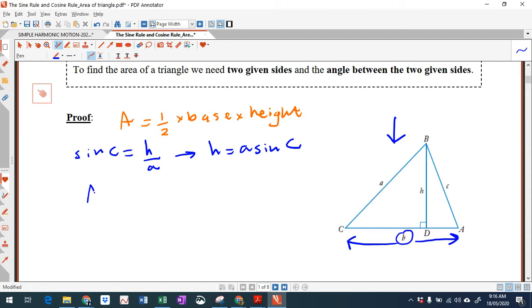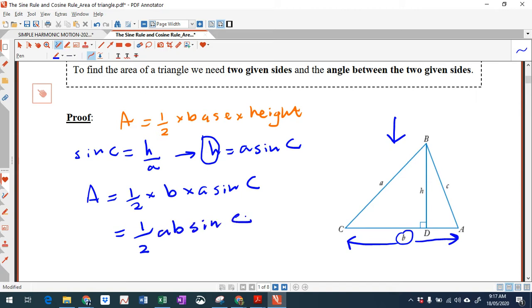So if we look at our Year 7 formula, area equals a half times the base, B for base, times by the height. Well, here's the height. Height is just A sine C, isn't it? Okay, so we can then just rearrange that to have half A, B sine C. So that's the proof for the area of a triangle using trigonometry.